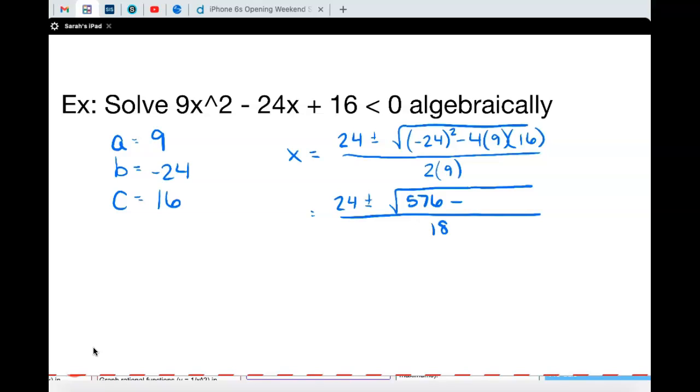Wait, what are you doing? Multiplying 4 and 9 and 16 together. Are you sure? I don't think that's right.